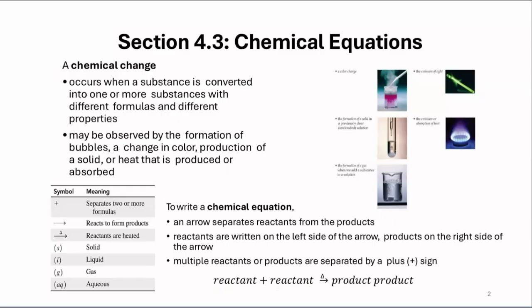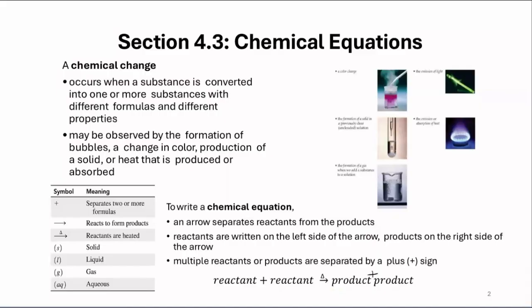Then an arrow is utilized as an indicator that a reaction has occurred. And when it comes to the result of a reaction, we call those products. You can have one or you can have multiple. And I'm going to include that those will be separated by a plus.